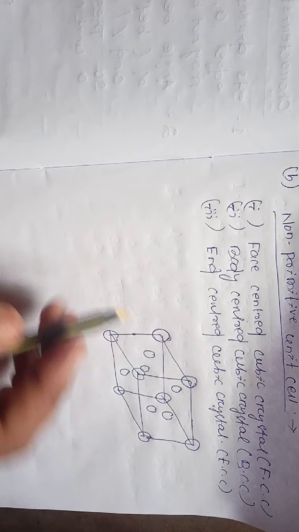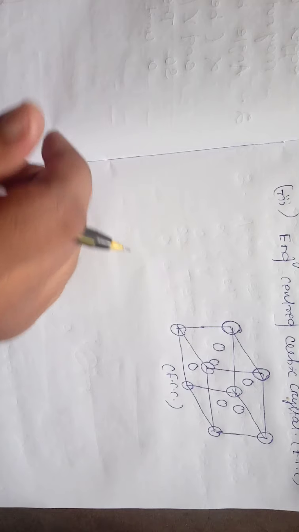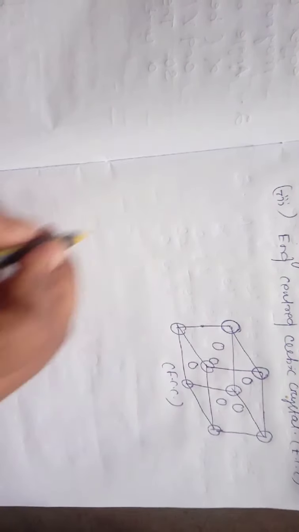Clear all of you? And next one is this is called FCC, and next one is BCC. BCC means body centered cubic crystal.